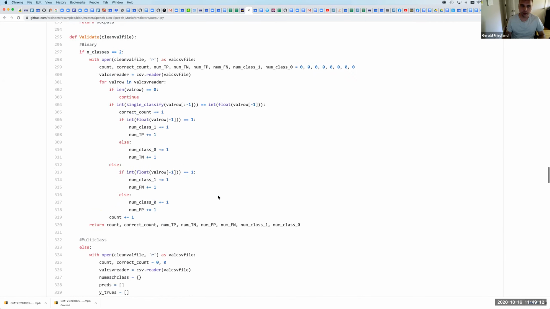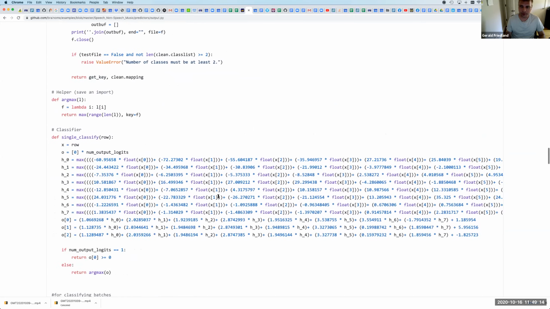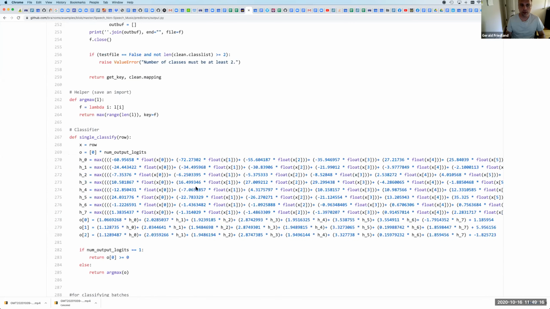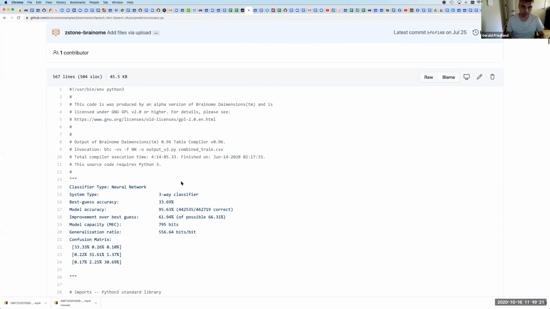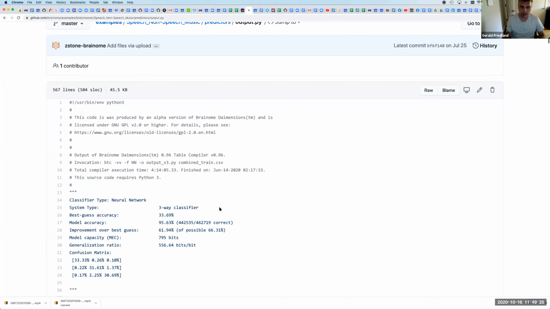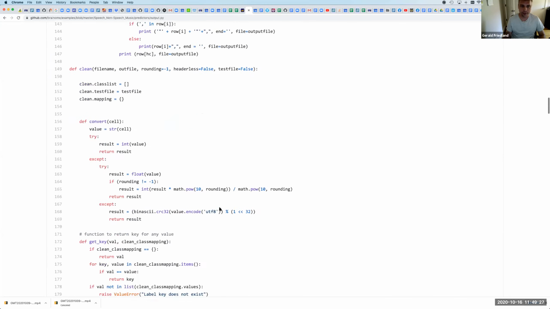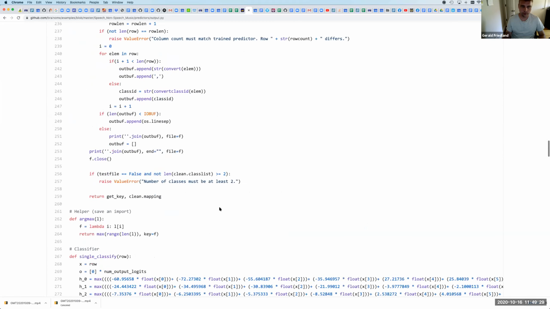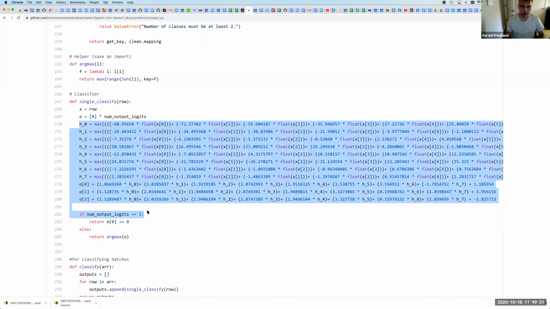And the classifier for an entire speech, music, non-speech task, with 442,000 samples, looks like this. That's your classifier. Done.